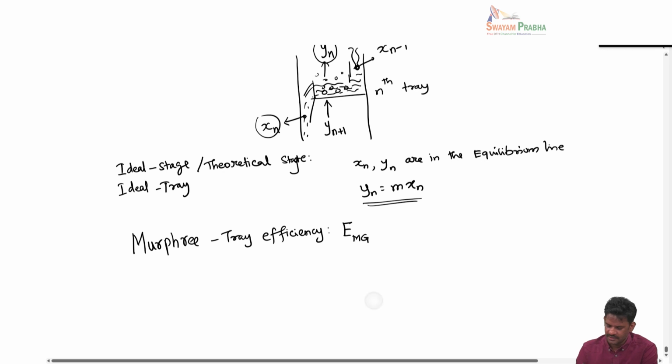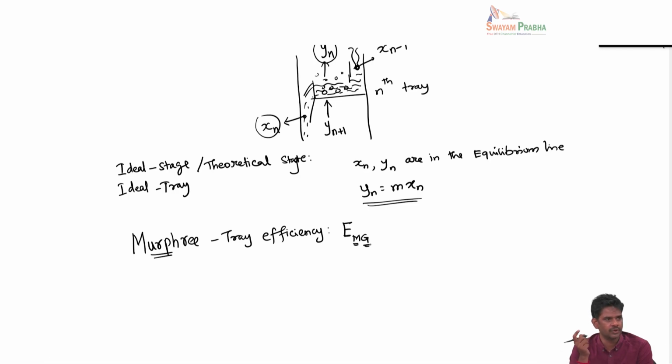The letter E refers to efficiency, M refers to the name Murphy, and G refers to the definition of the efficiency with respect to gas phase composition. You could also do the same thing with respect to liquid phase composition, in which case it would be EML.